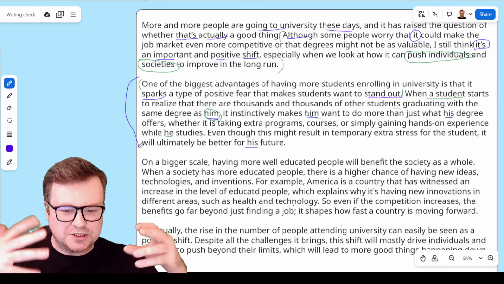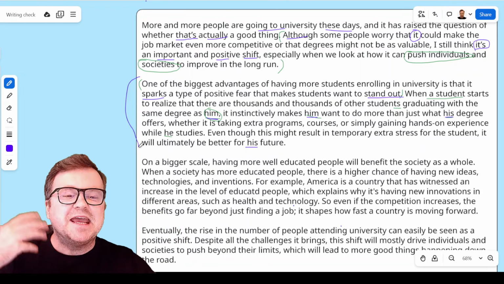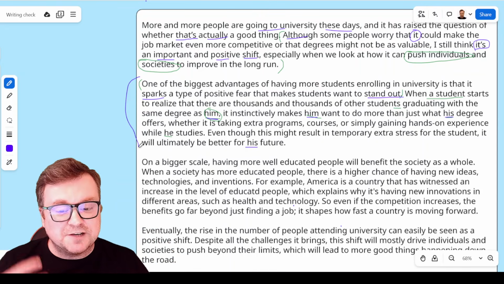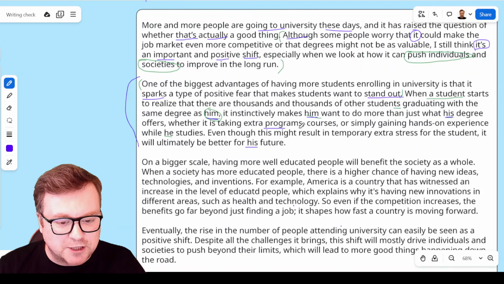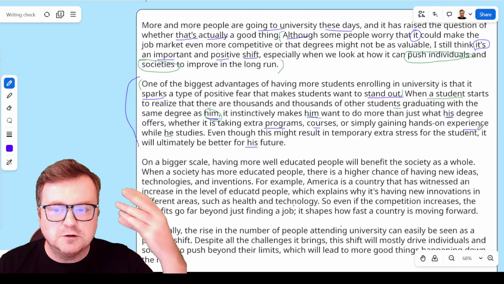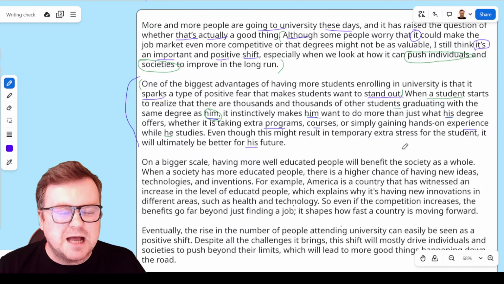So everyone has a degree, and because everyone's equal, in order to become better, to become more special, it forces people to do other stuff like extra programs, extra courses, or getting experience. So people look for that extra thing to make them special.